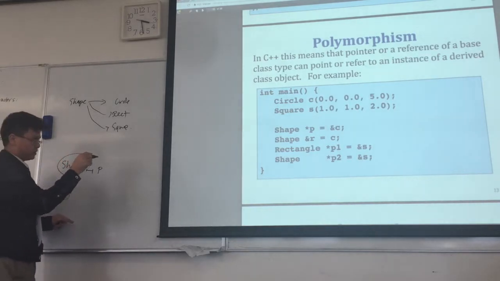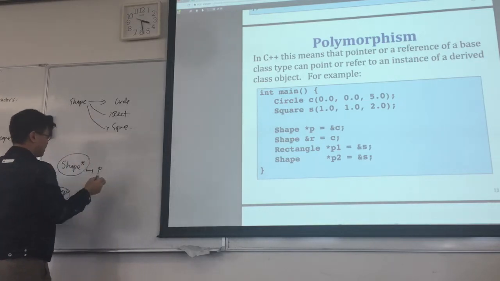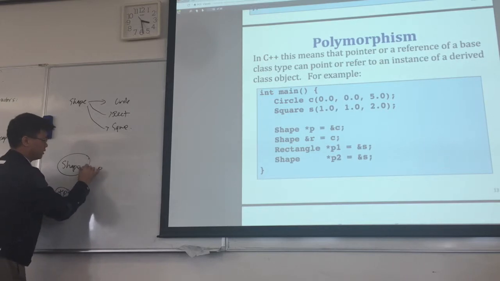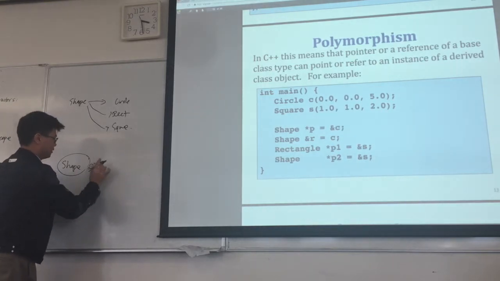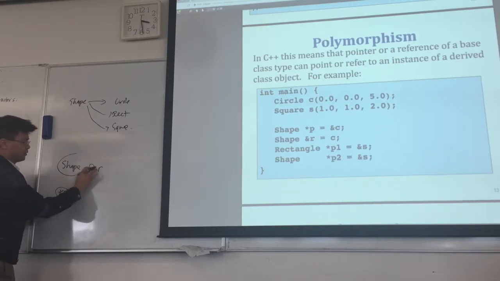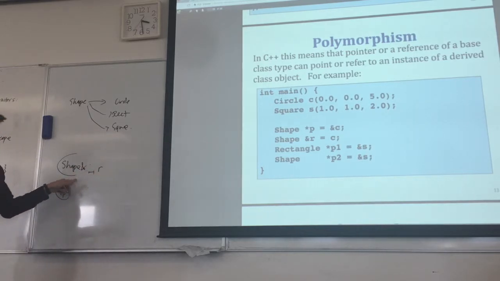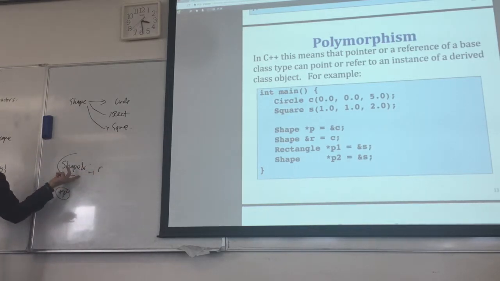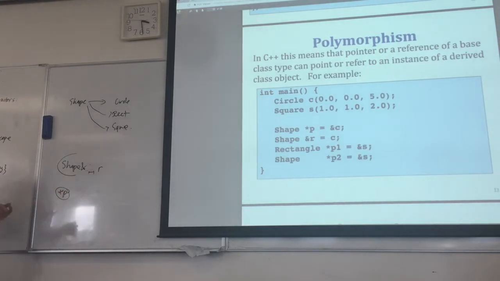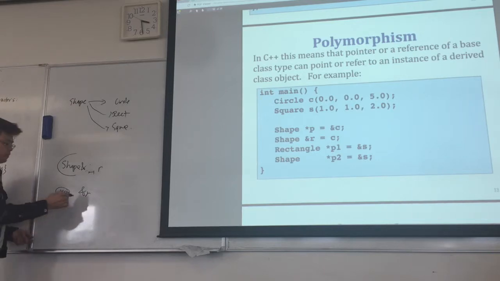The same applies to the ampersand. When you declare it and write it like this, it is a little bit more difficult to interpret than writing it like this with a space. When it is like this, you read R is an alias of type shape to an object. But when you use R down in the code, you write this, and this is no longer an object. This is a pointer.